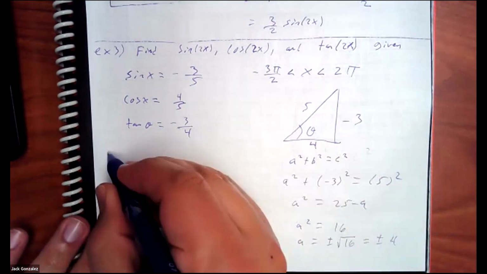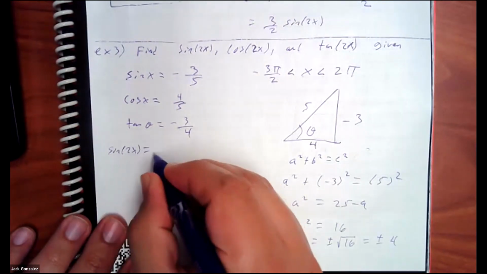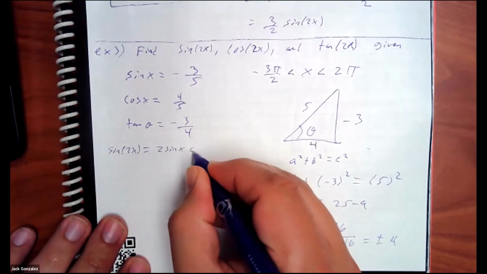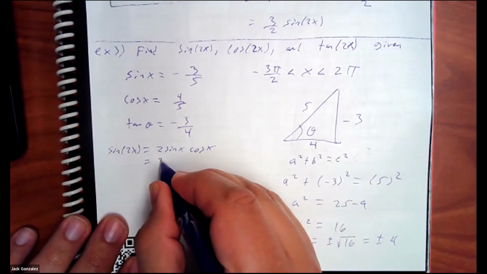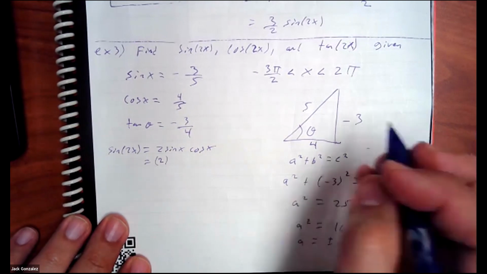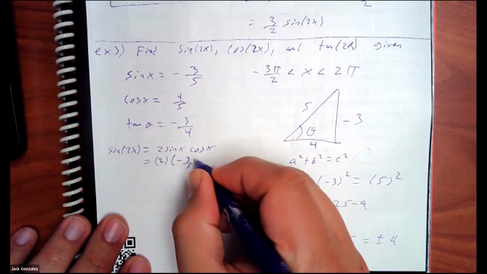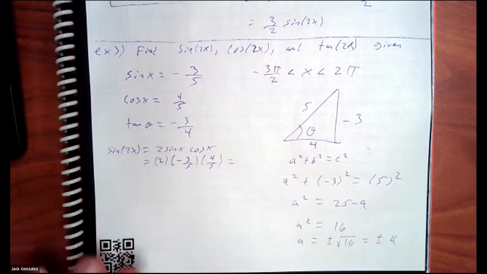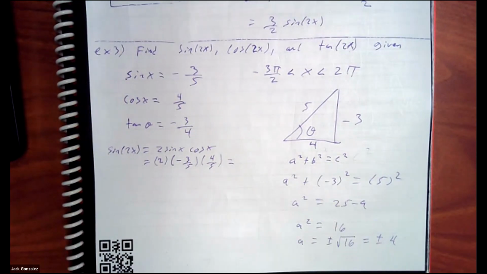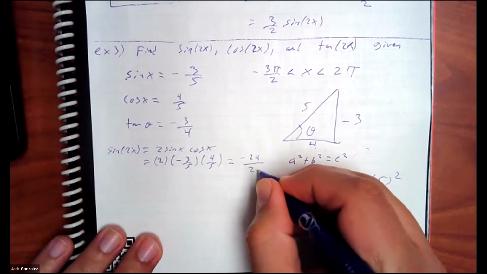Right? So this one, when you need our formulas, sine 2x we said is equal to 2 sine cosine, which will be 2 times negative 3/5 times 4/5, which would be negative 24 over 25.